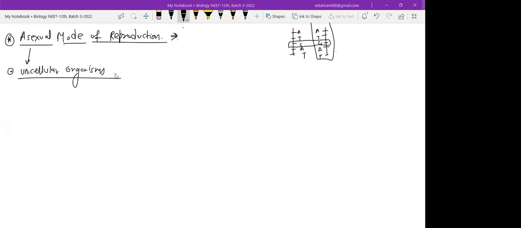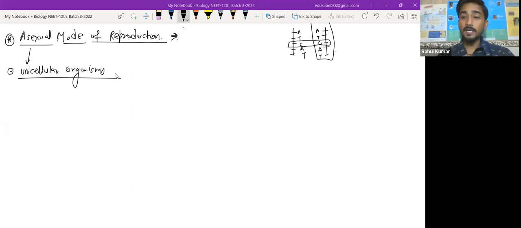Yes, sir. There are processes which are equivalent to sexual reproduction at the level of the genome, at the genetic level, but there is no process like sexual reproduction. So write down this important point. It is very important for your entrances. They ask questions.